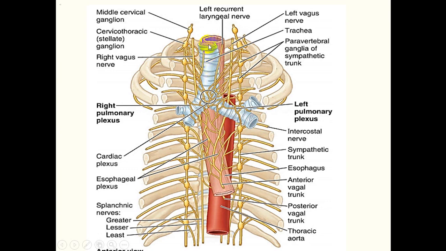the tracheobronchial tree. Then we have sympathetic innervation derived from the second to fifth sympathetic ganglia, and they are basically the dilators of tracheobronchial tree, and they also decrease the secretions of the glands present in the mucosa of the tracheobronchial trees.